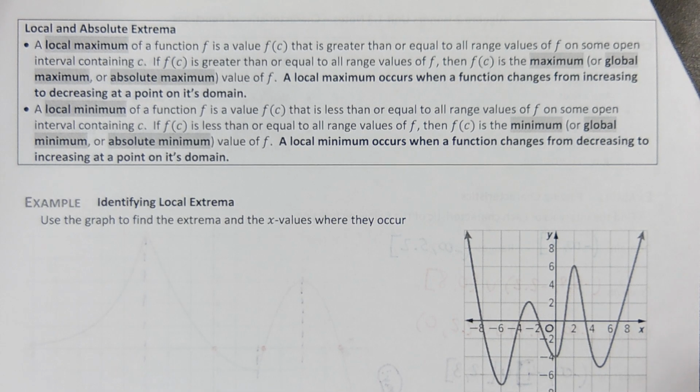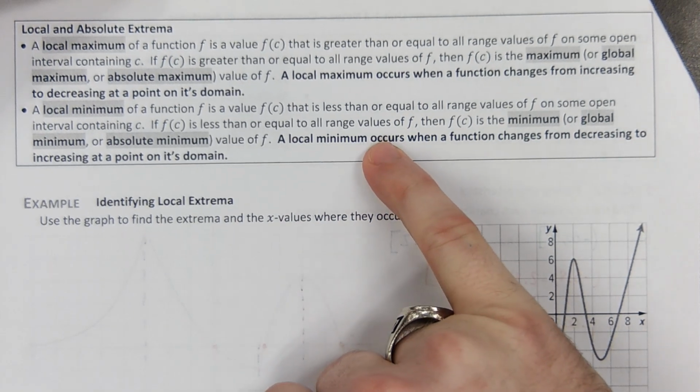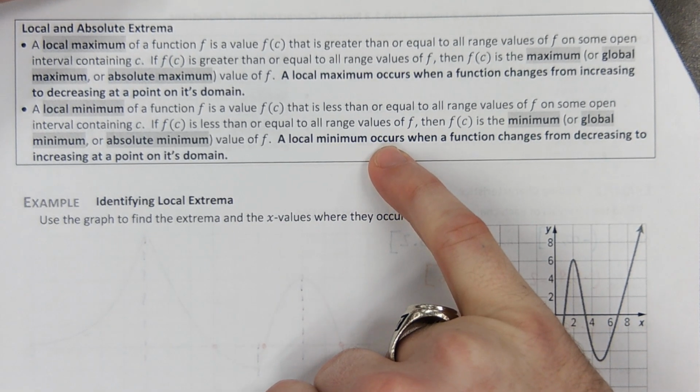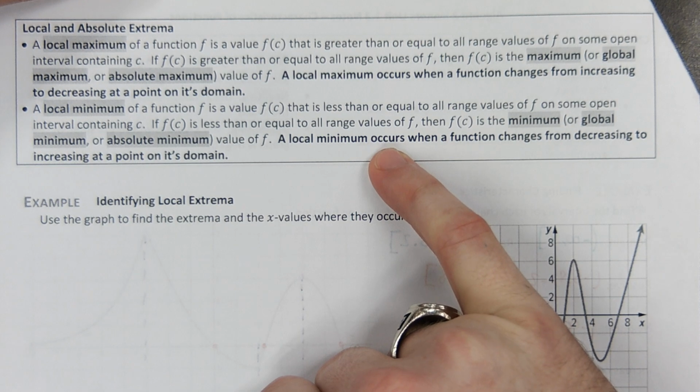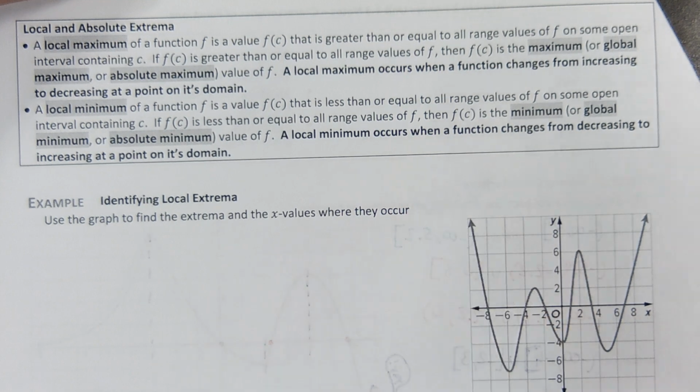So when your roller coaster stops going up and starts going down, you found a maximum. And a local minimum will occur every time your graph goes from decreasing to increasing. So the moment your graph stops going down and starts going up, you found a minimum. That's the most important information.